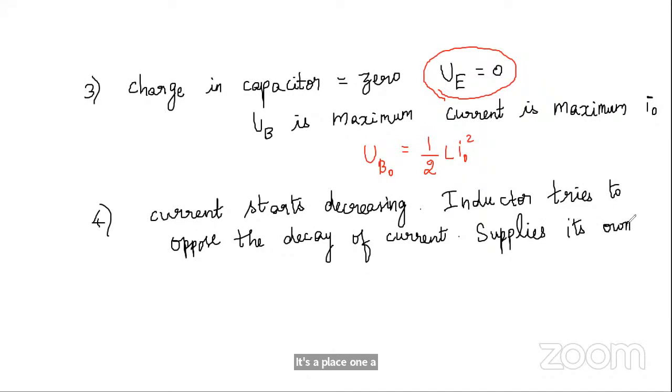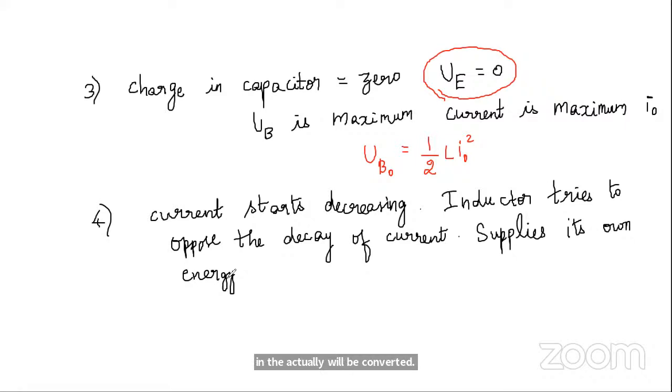So the energy stored in the form of magnetic field will be converted to electrical energy by charging the capacitor. Now the capacitor starts to charge again.